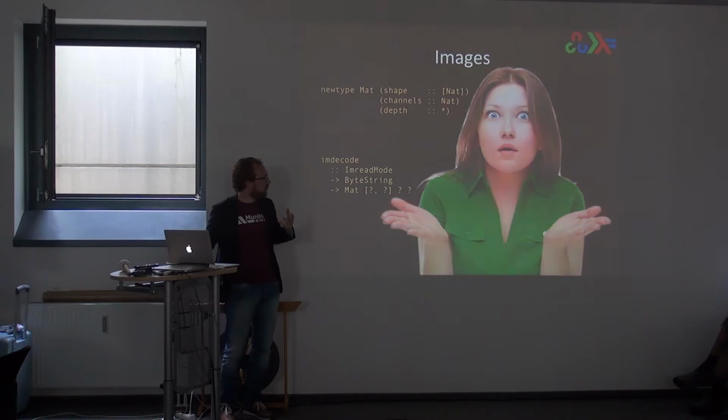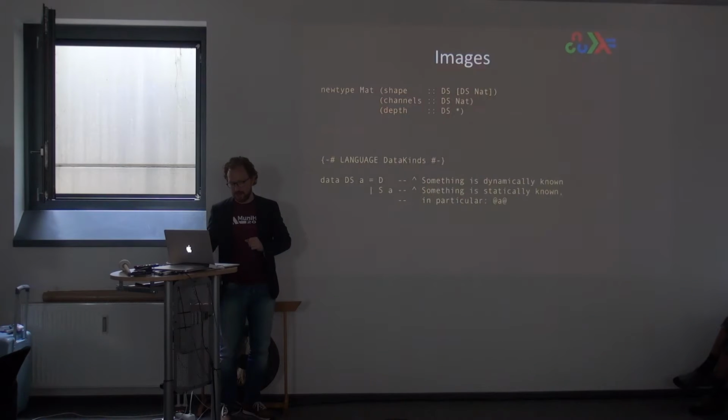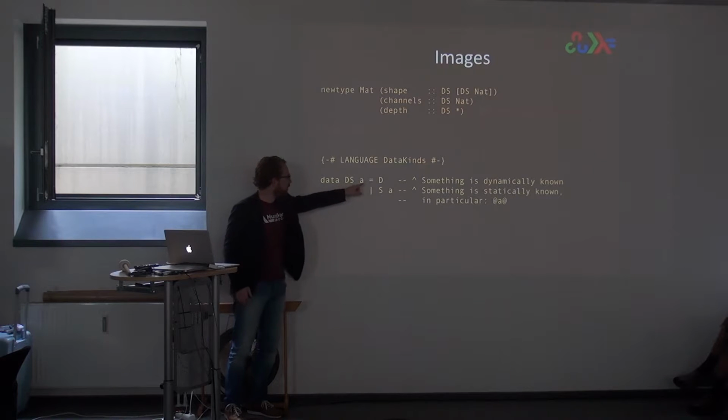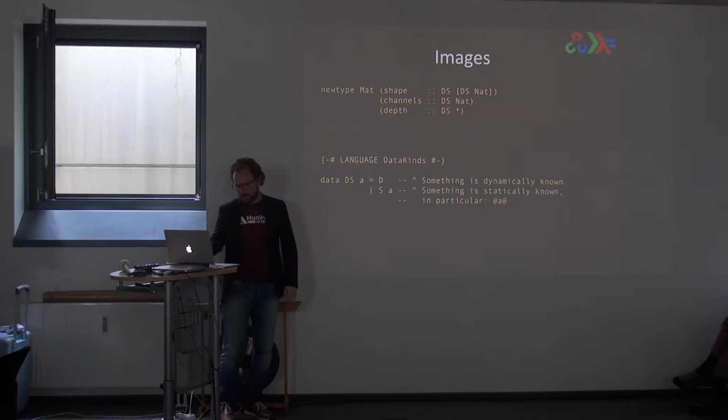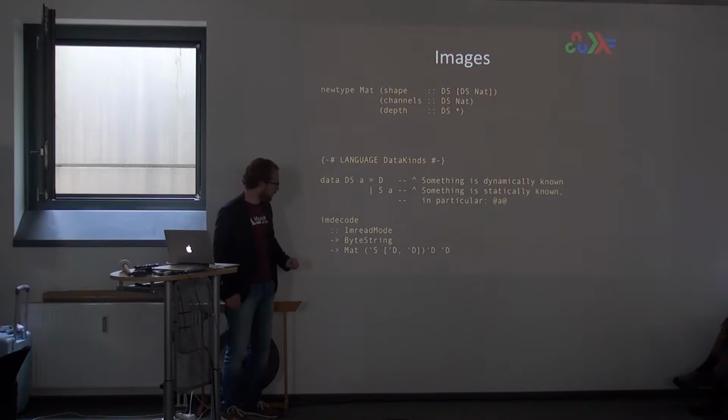Well, what we want to encode is whether we know something only dynamically, or if we know something statically. So what we did is we introduced this data type called DS, for we know something only dynamically, or we know something statically. If you look back at this example, now we can actually make it work.